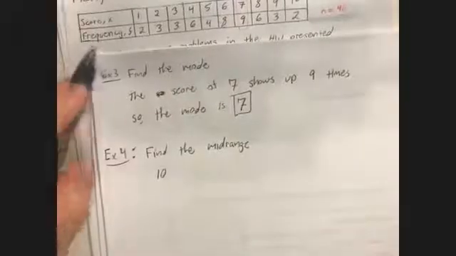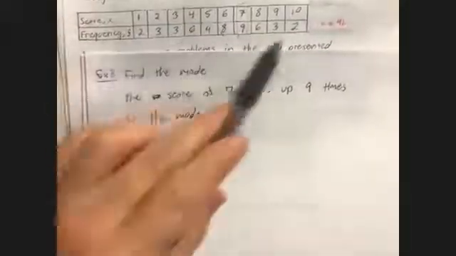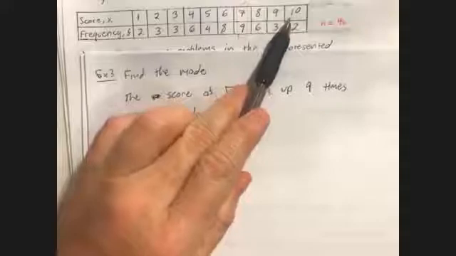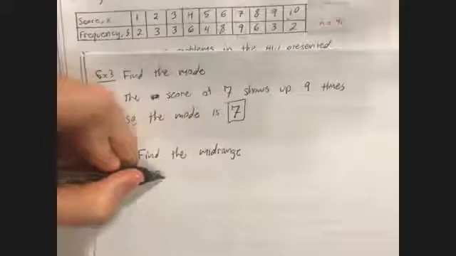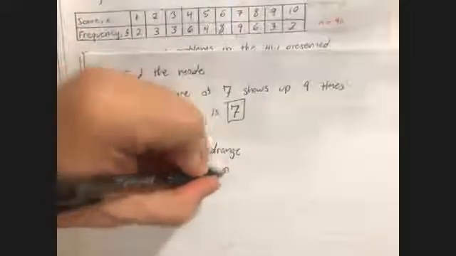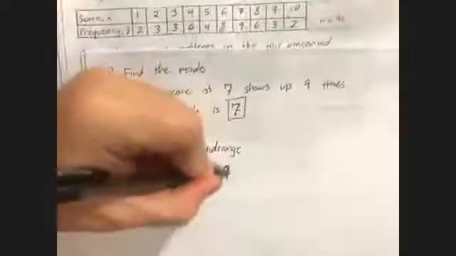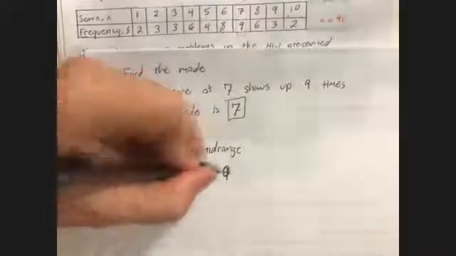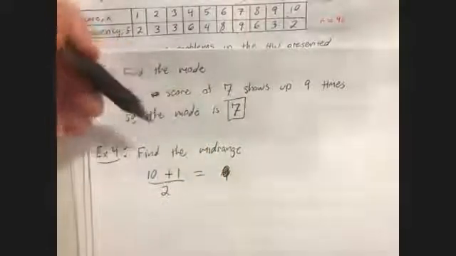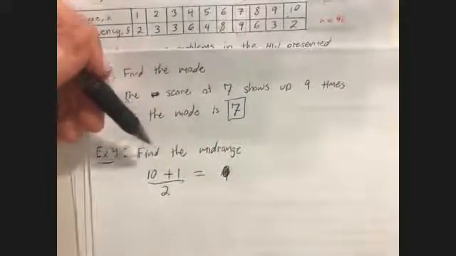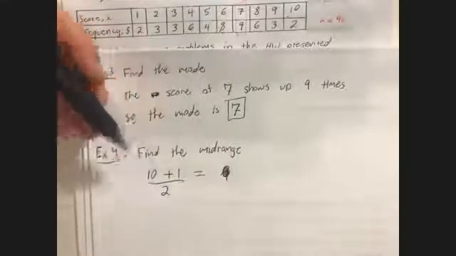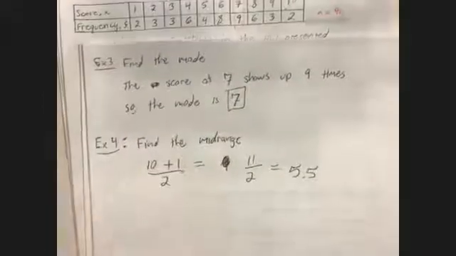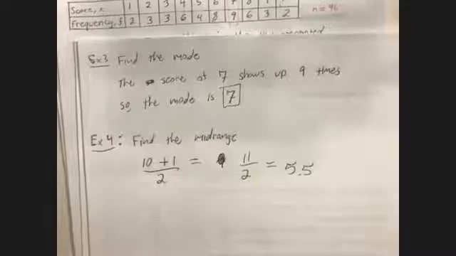It's not their frequency. I could see making a mistake there, but since these are in order, the biggest one is 10, the smallest one is 1, so for the mid-range, we add those and divide by 2. 10 plus 1 over 2 is 11 over 2, which is 5.5. That is the mid-range. Okay.